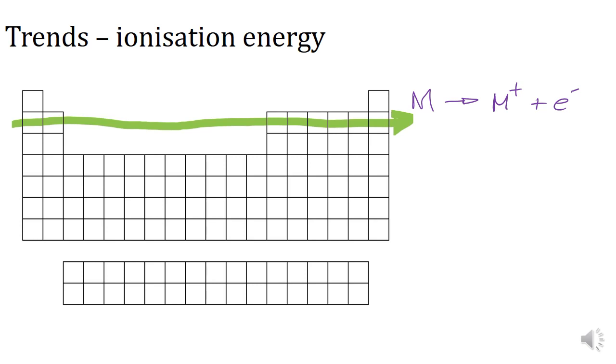I'm increasing the number of protons, which means that as I move along a period, I am increasing the effective nuclear charge, which makes it harder to remove electrons.